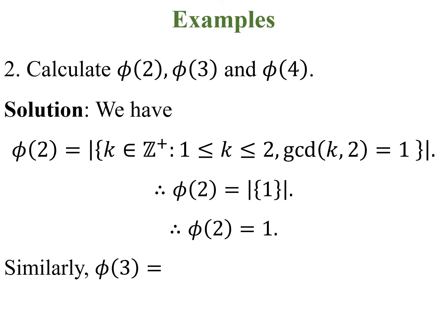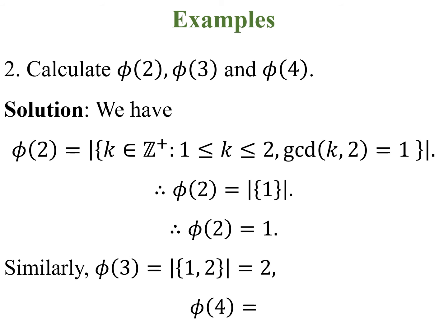But GCD of 3 with 3 is 3, which is not equal to 1. So the only two integers 1 and 2 satisfy this condition, and so phi of 3 will be the count of the set containing only two elements 1 and 2. So this count is 2 and phi of 3 is 2.